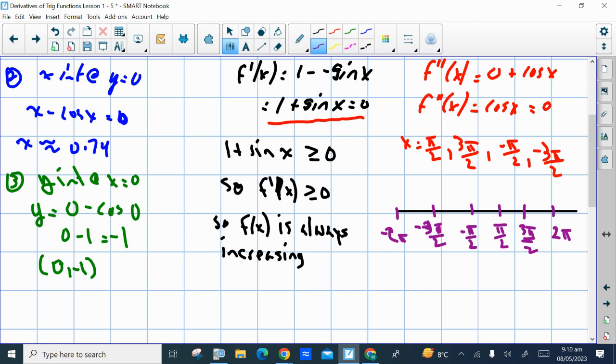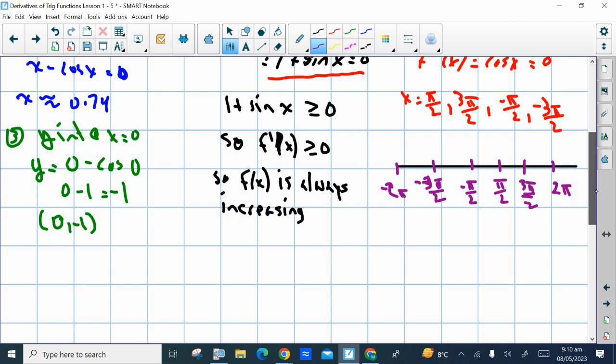So we can use our calculator to help us here, or actually we can just use the CAST rule.